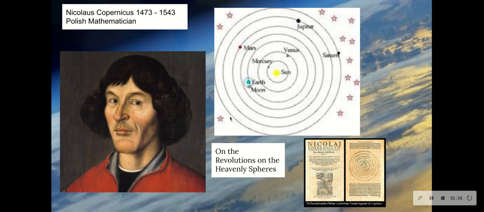Nicholas Copernicus wanted to get the idea around, so he wrote a book. You can read this book on Google Books. It is available. It looks like this, and it's called On the Revolutions of the Heavenly Spheres.